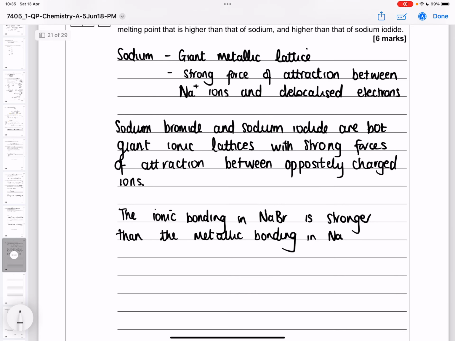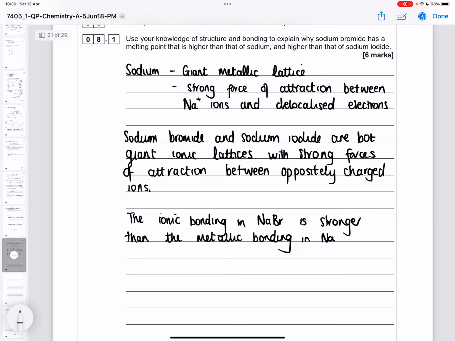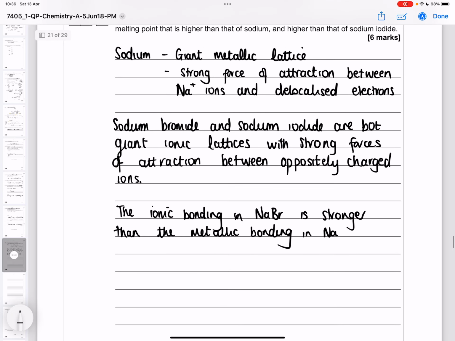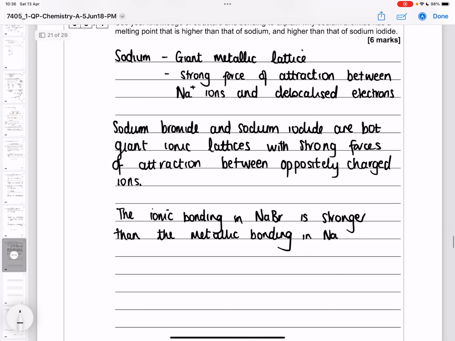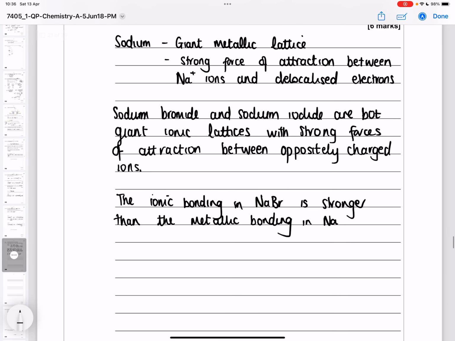And then it asks us why sodium bromide is higher than sodium iodide. Now we can do a little bit more explaining here, because they're both ionic, so we might think that they're both the same, but why is sodium bromide higher?